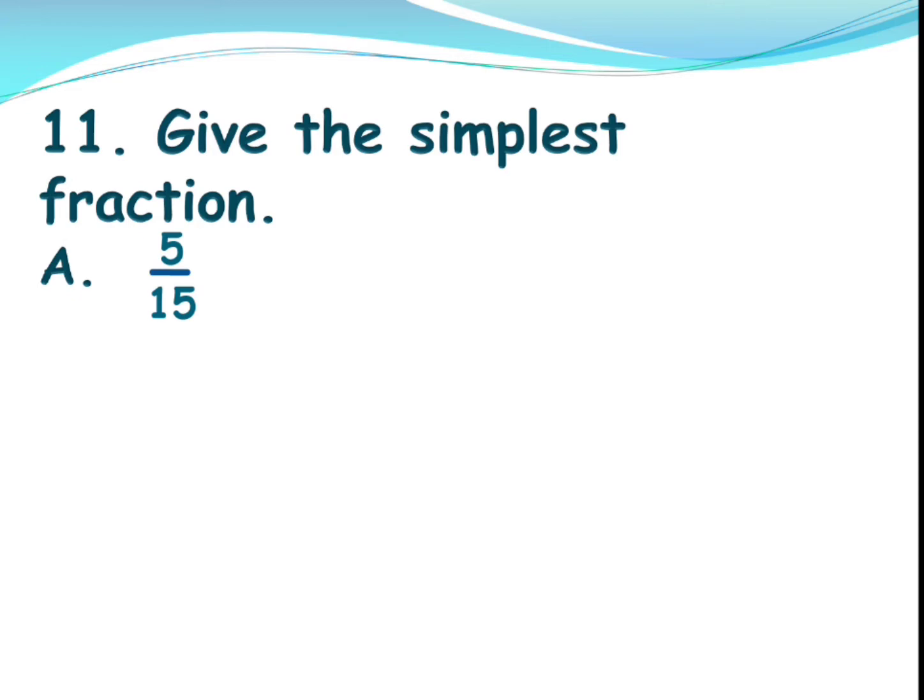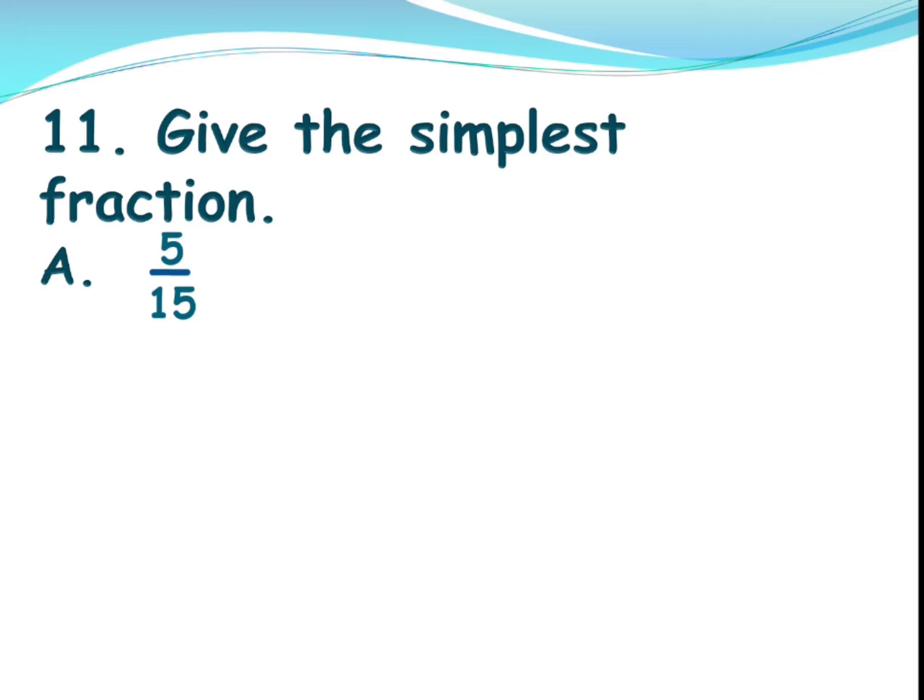That means no. And in 4 table you don't have 5, you don't have 15 also. But in 5 table you have 5 and 15. 5 ones are 5, 5 threes are 15. Isn't it, children? So this numerator and denominator you have to divide with 5.